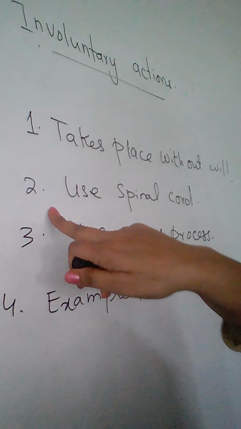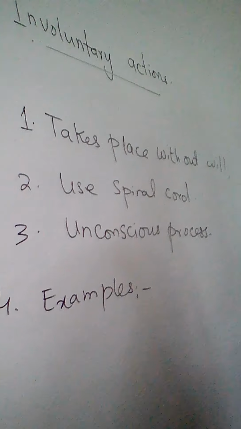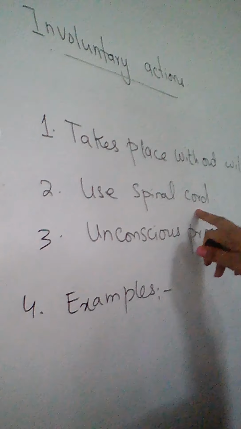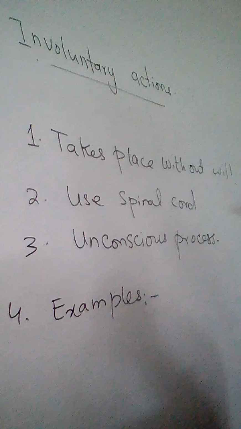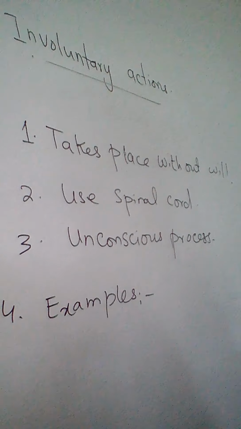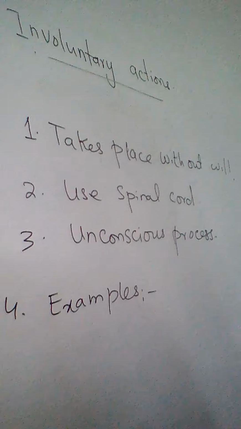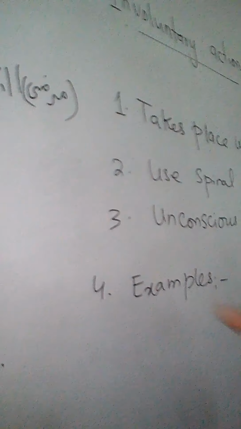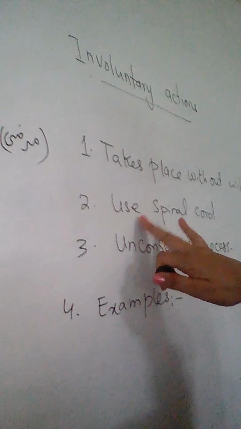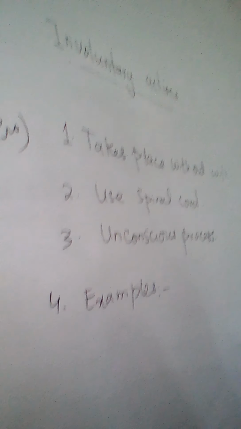Then the second most important point about involuntary actions is that they use spinal cord. So this is the difference between the voluntary actions and involuntary actions. That is, voluntary actions are taking place in the brain, while involuntary actions, they use spinal cord.